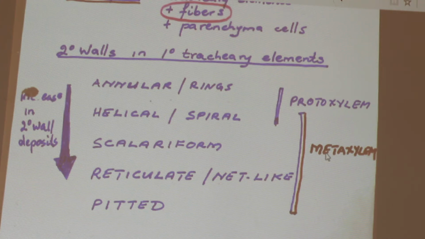If it is metaxylem, you may see some helical thickening, but mainly it will be scalariform, reticulate, or pitted. However, if it is a transversal section, the only way you can separate protoxylem from metaxylem is from the size of the lumen. Small lumen, larger lumen.